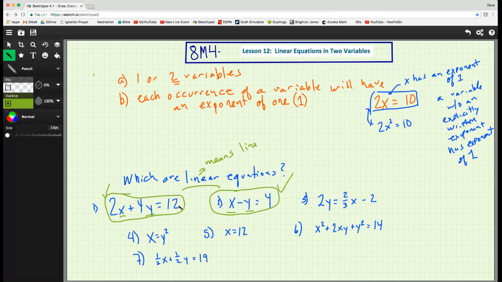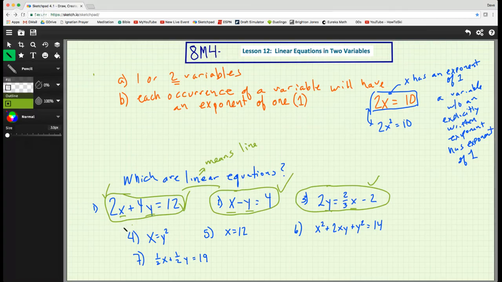So these are both linear equations. Now let's look at this one. Well, in this one I have my y on one side and my x on the other side. There's nothing in the rule that says that's not okay. So I have two variables and both have exponents of 1. So this too is a linear equation. So we have all linear equations.